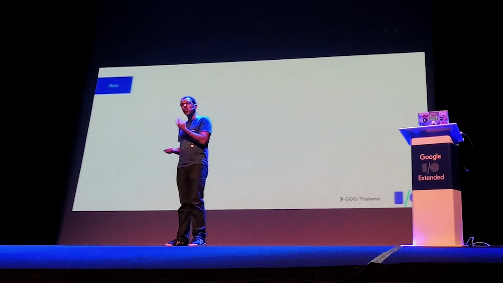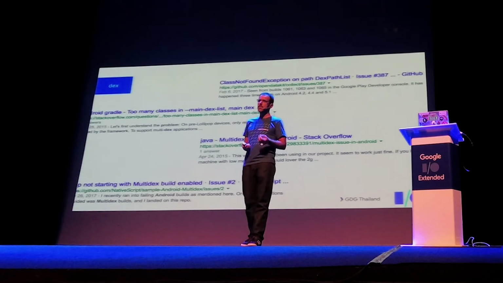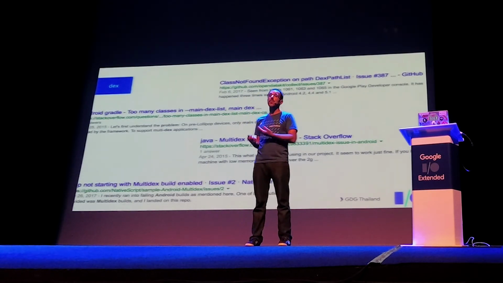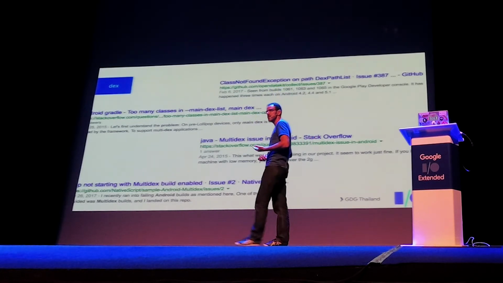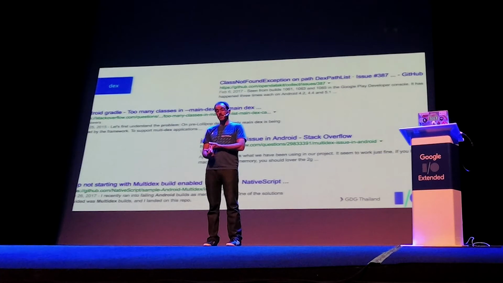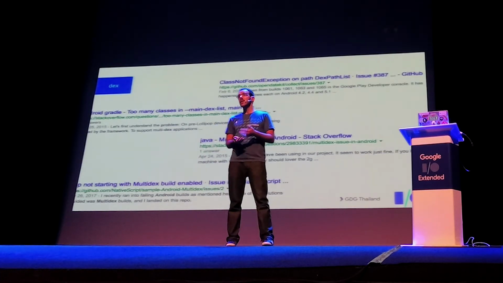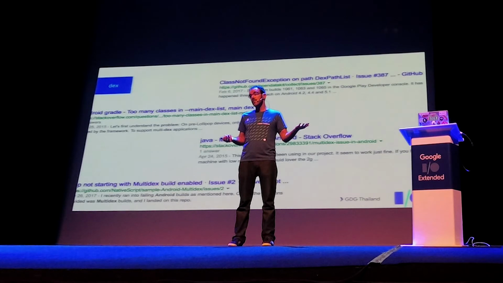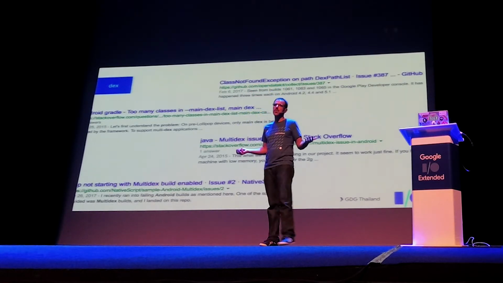Okay, and what is DEX? If you are an Android developer, I'm sure that in your life you have had one problem like this, right? Everybody has had one problem with DEX. You know that by design, the DEX file cannot contain more than 65,000 method references. 10 years ago, 9 years ago, it was okay, but now it's impossible.